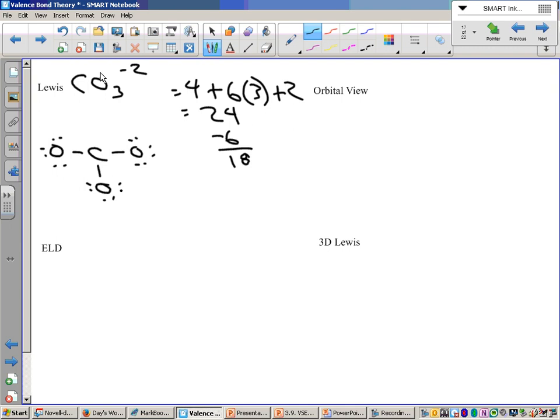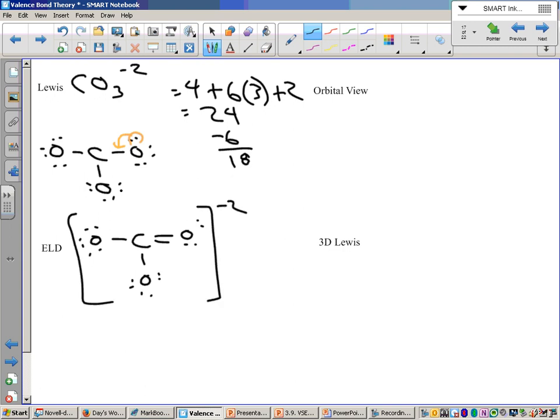Carbon's not very happy, so we should give it a double bond. And this is charged minus 2. So we should put square brackets around it.